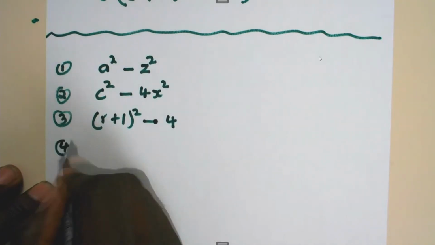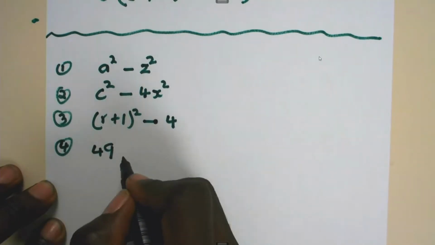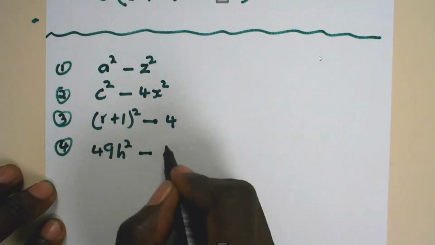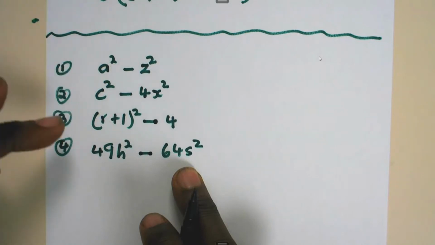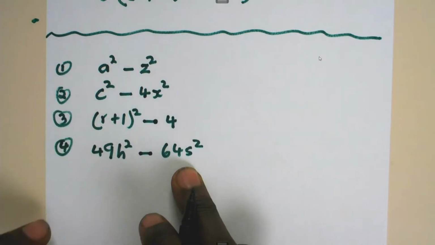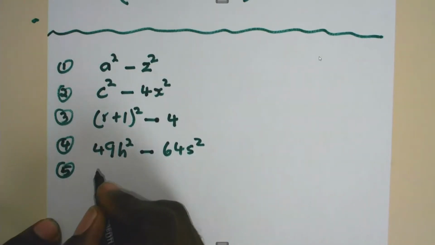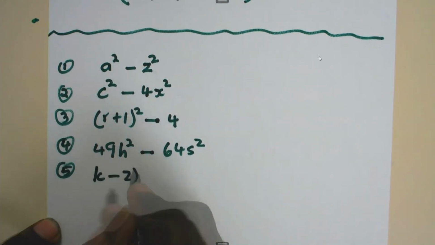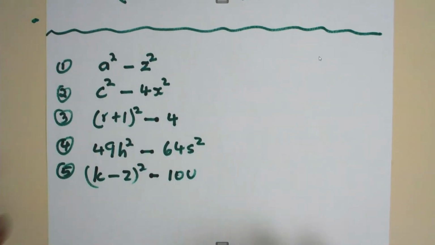Then let me put a level 2: 49h squared minus 64s squared. This can become level 3. And the last one, let's say, it can be k plus 1 all squared minus 100. So I ask you to complete this at home, and then you'll see how best you can do.